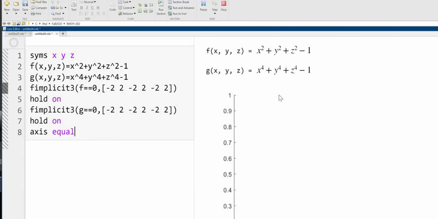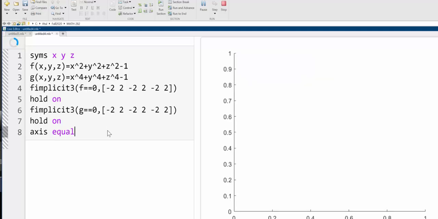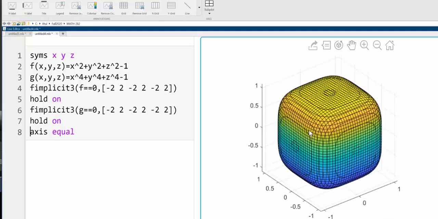Where is the graph? Okay, yes, here is a graph, and the trouble is that I don't know how to make it transparent.